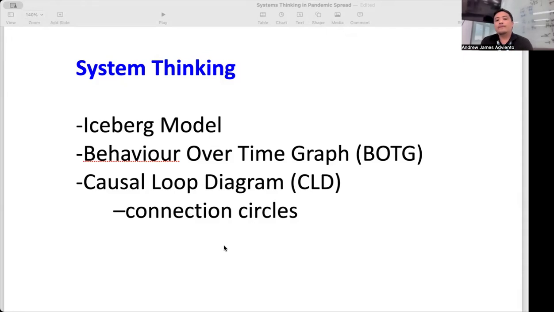Systems thinking helps us ask what is happening, what patterns do we see, how things are connected, and what beliefs are causing the problem. When we ask these questions, we become better problem solvers, hopefully.